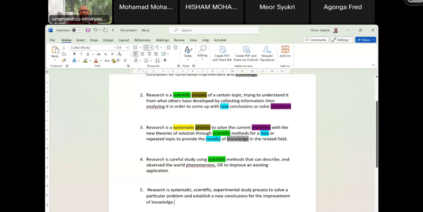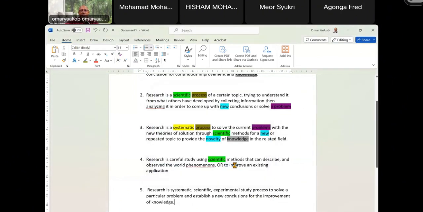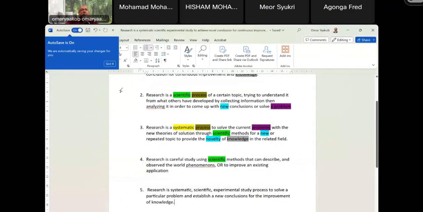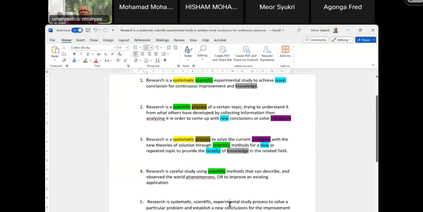So this is a proposal. All right, so the rest of the class should comment whether this is a good way or you want to edit it.